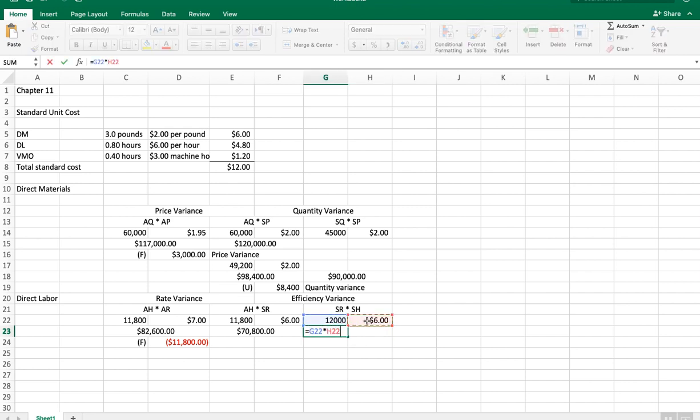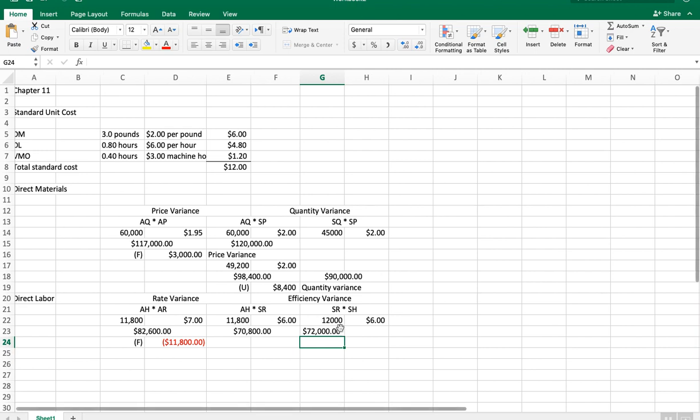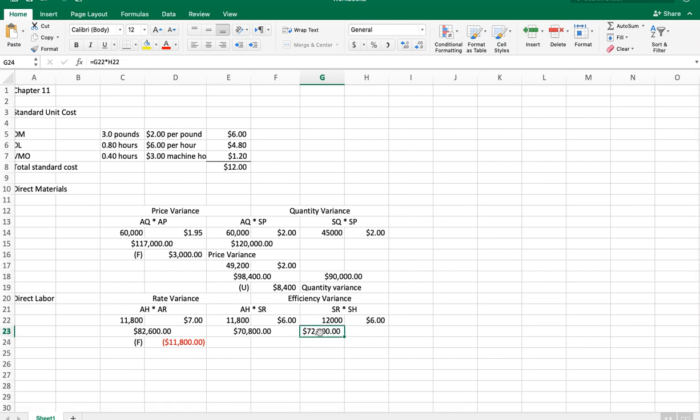And so this number is the product of these two, 72,000. And then we take the difference between this number and we come up with our efficiency variance, which is 1,200. And then we go, is it favorable or unfavorable?